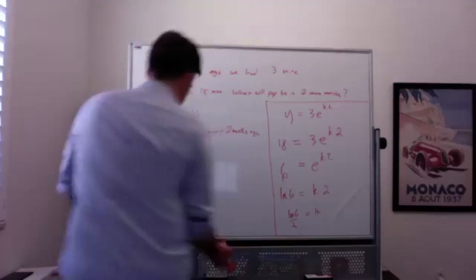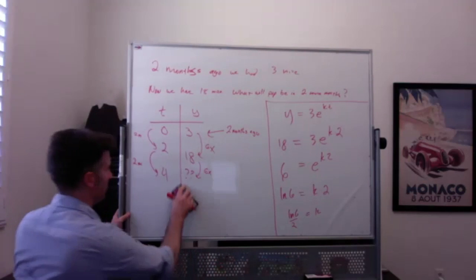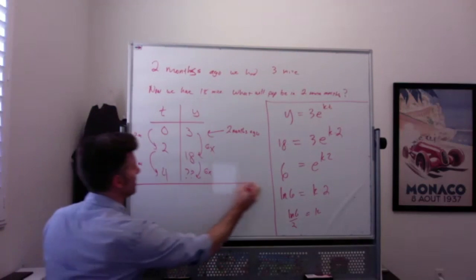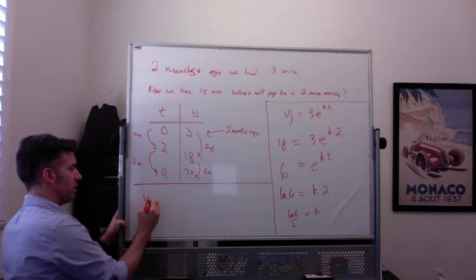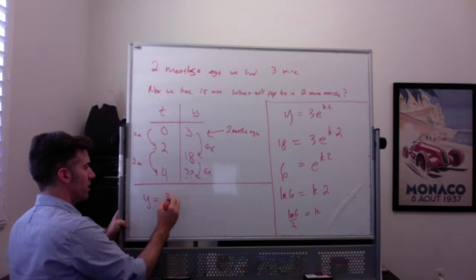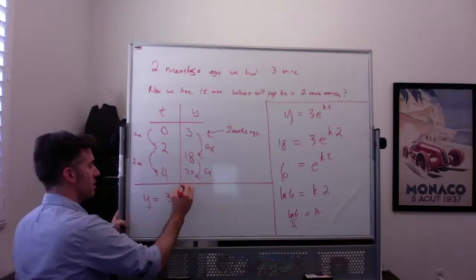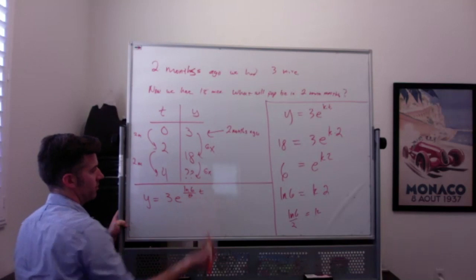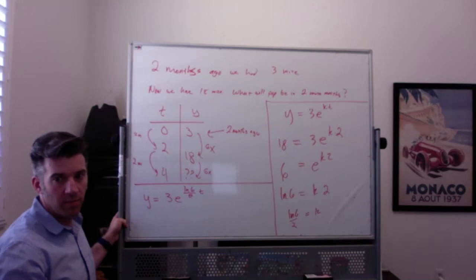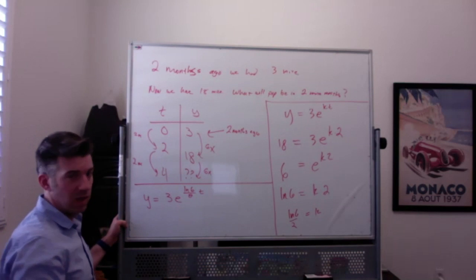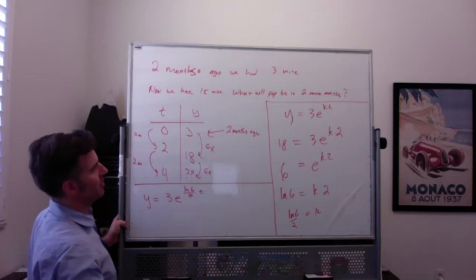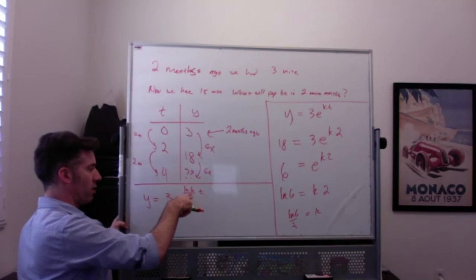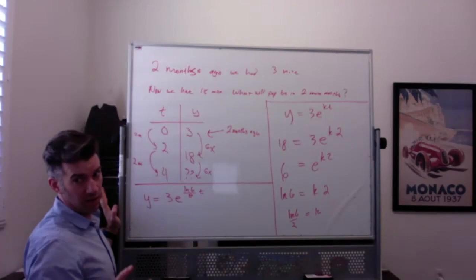So I can write my equation as, now actually I want to show you guys something because this comes up a lot, especially in the 17 series. So I could write it as y equals 3e to the natural log of 6 over 2 times t. And you could plug in 4, and when you plug in 4, you'll totally get 108.